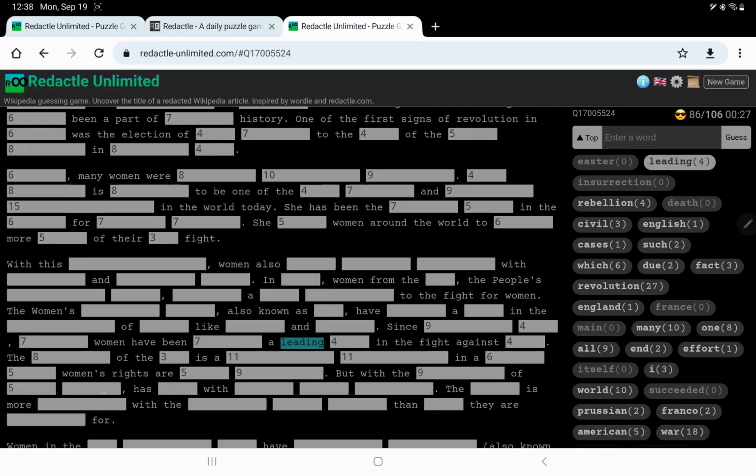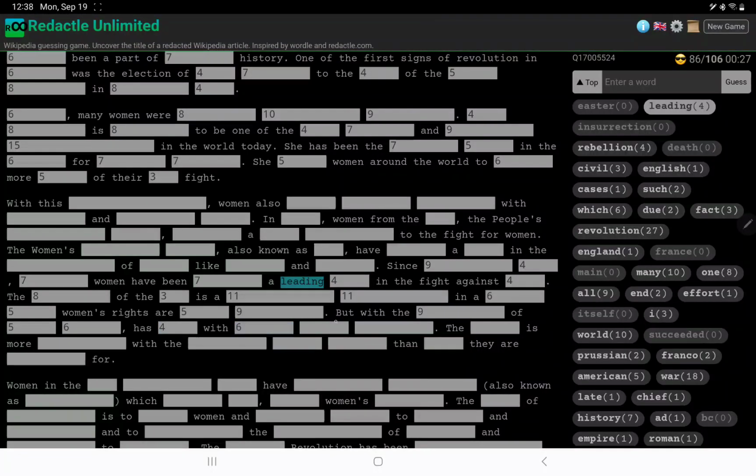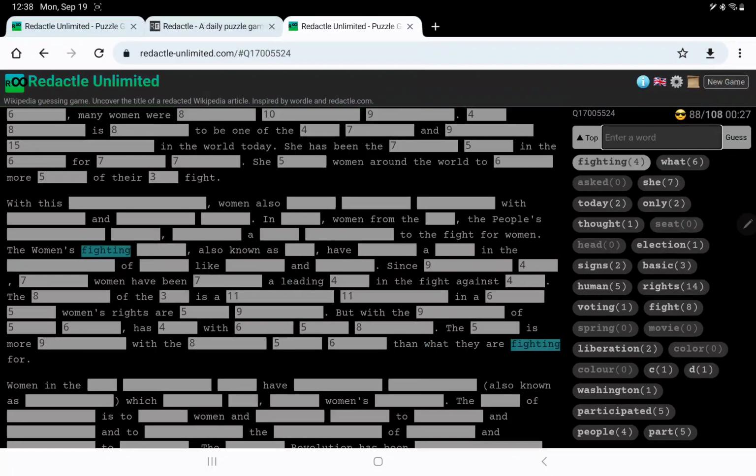But with the something of 5-6 has 4. Then what they are fighting for. The women's fighting 5, also known as 3, have 6 of 4.